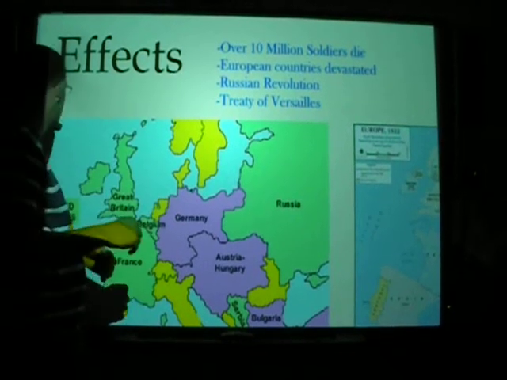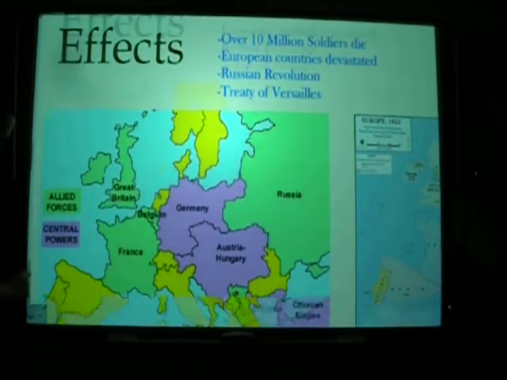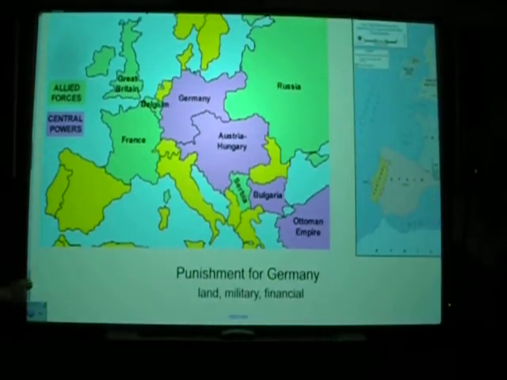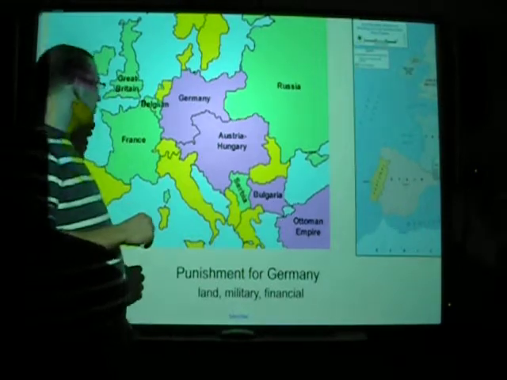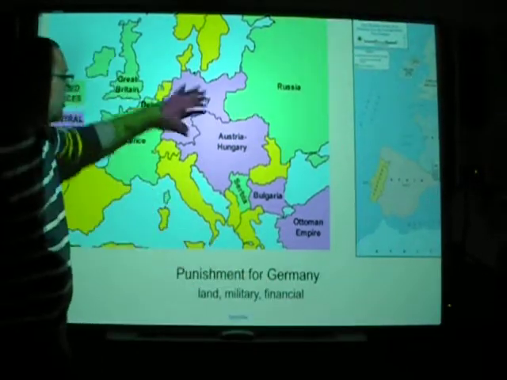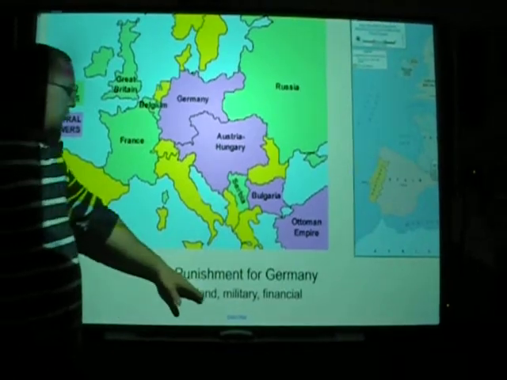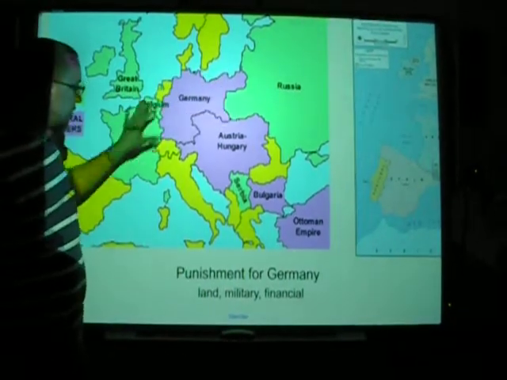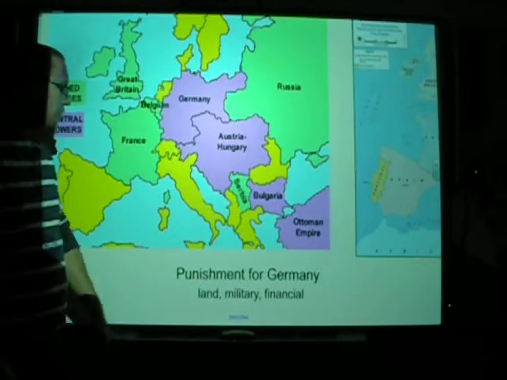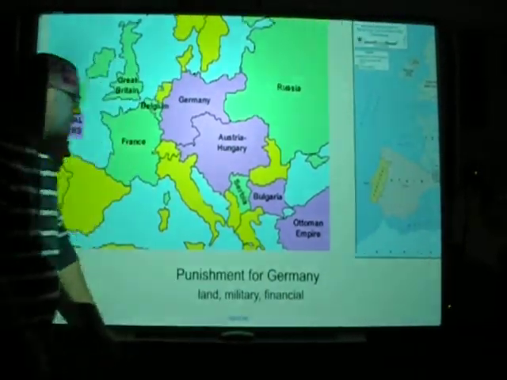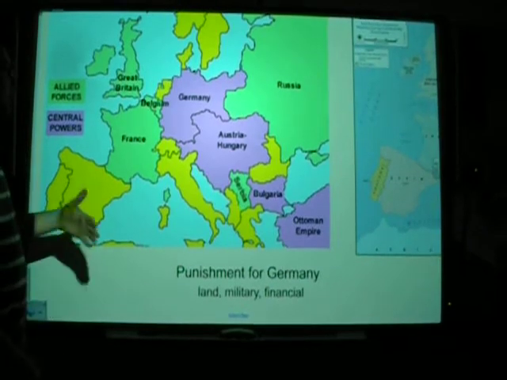Now the Treaty of Versailles is the famous peace treaty that we like to link with World War II, because basically Germany is going to have to accept full blame for World War I. They're going to lose land to some of their neighboring countries. They're going to have to scale down their military, and they're also going to have to pay financial fines or reparations for the war.